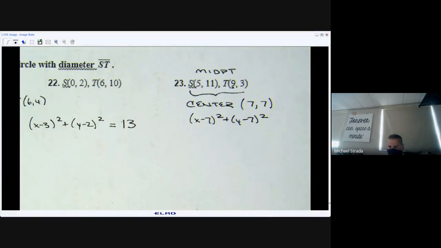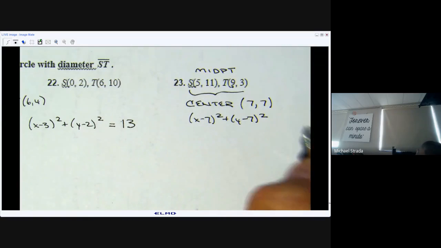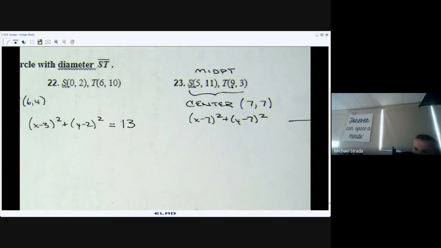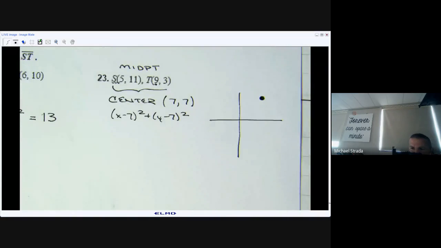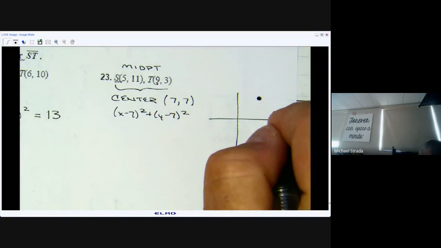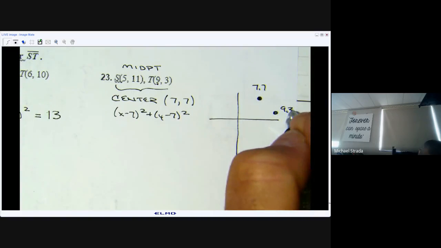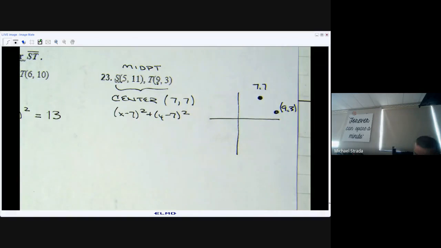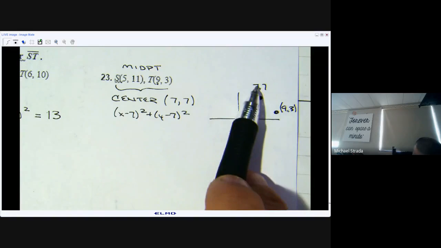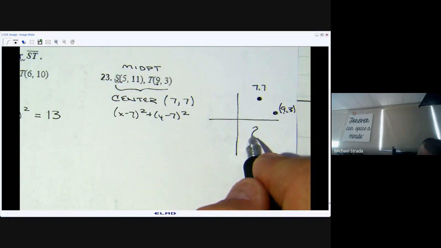And now I got to get the radius. You then take the center, which is 7, 7. And you can go to either point. It's not going to matter which. I'm either going to go to 9, 3 or 5, 11. I'll go down to 9, 3. Either way, I'll get the same answer. How far is it from 7 over to 9? 2.